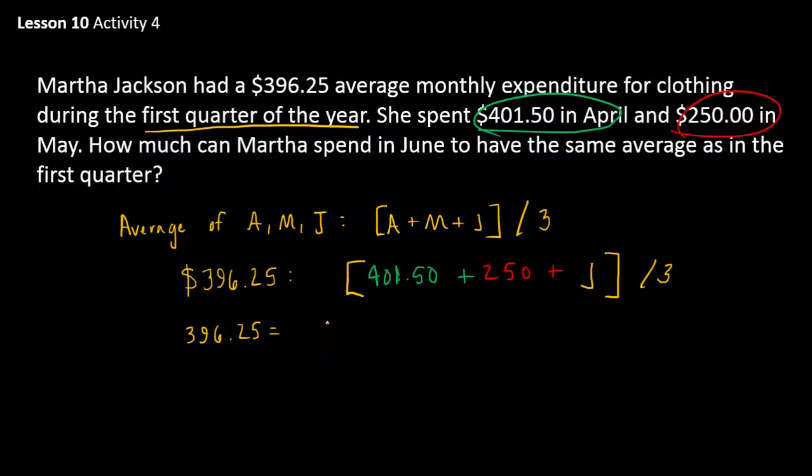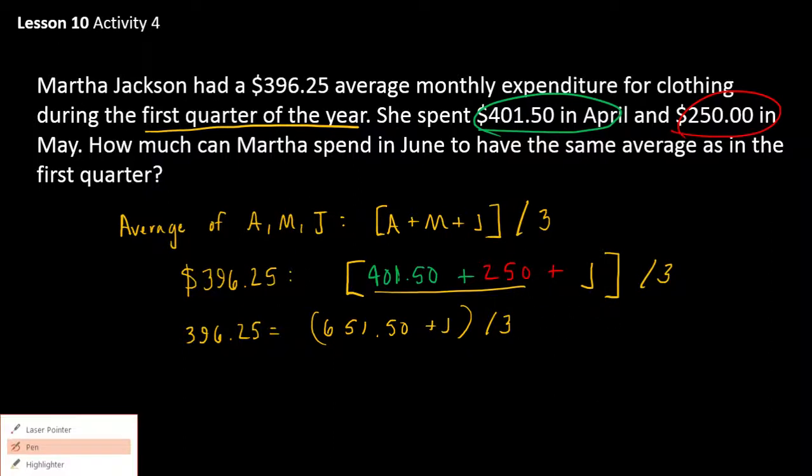So we would have $651.50 plus J over 3. All I did was combine these two. I got $651.50 plus J over 3, and I'm just solving for June. So I multiply both sides of my equation by 3.